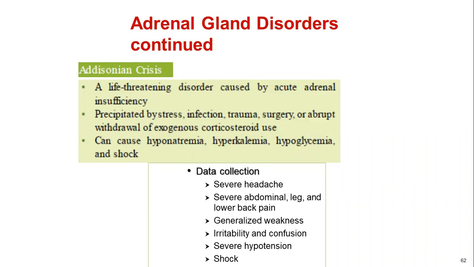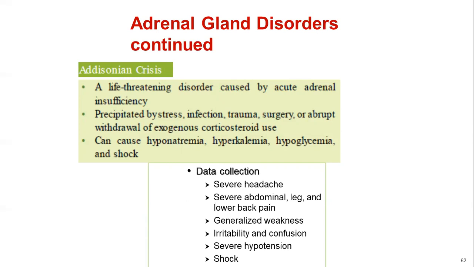What complication? Like hyponatremia or hyperkalemia, hypoglycemia, all of these lead to shock. So in Addisonian crisis, the data collection or sign and symptom have very rapid onset, and this is a medical emergency due to infection or trauma or any abrupt discontinuation of the steroid.